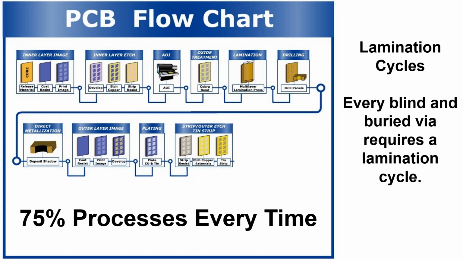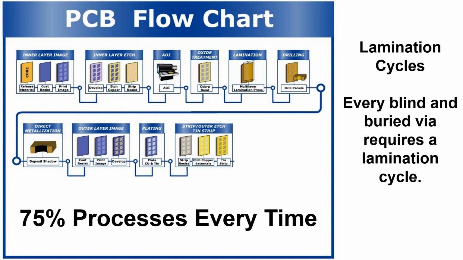So this particular board versus a board that only has to go through one lamination cycle, you can imagine why the time is a lot less, and it could go through a lot quicker. And that's why, without knowing your design and understanding all of the parameters of it, it's really hard to say, yes, I can do a 2-day turn, or I can do a 7-day turn, without really understanding not only the complexity, but the quantities that you're talking about too, right?